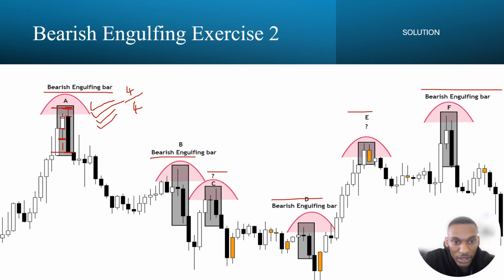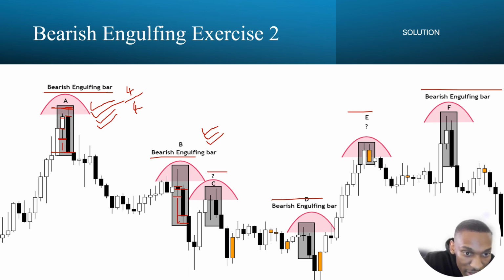So let's look at B now. How many conditions were met out of 4? So the first condition consists of 2 candlesticks, which is great. And then the second candlestick's body must be longer than the first one, or bigger. Clearly you can see relatively it is. And then the low has to be lower than the first one. Clearly it is.